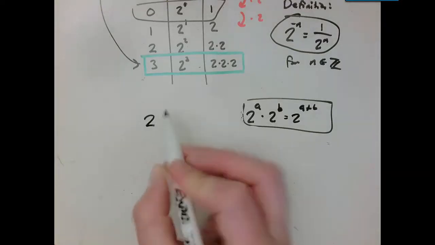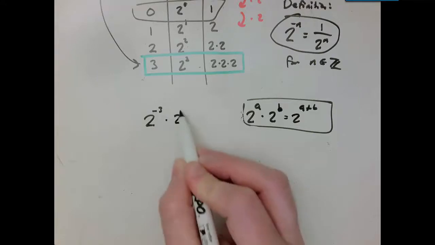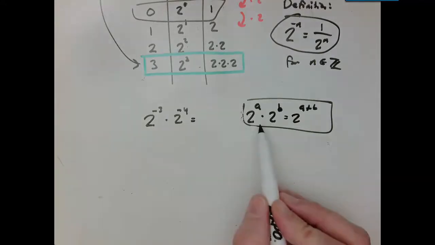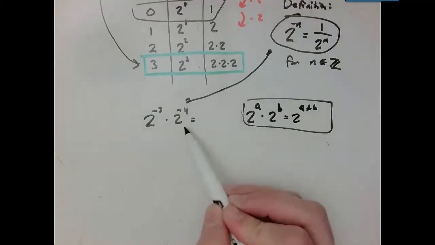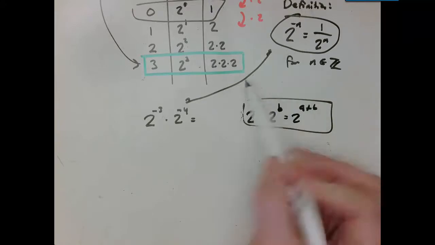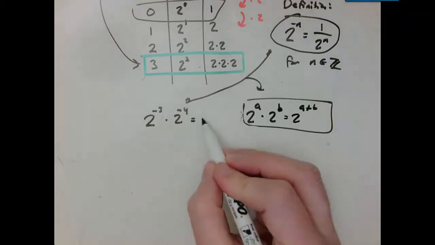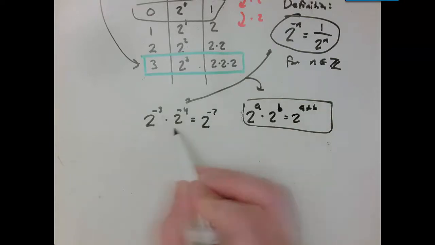So write out 2 to the negative 3 times 2 to the negative 4. According to our definition, you can write out what these should be equal to, and then you can verify whether or not this rule actually still applies. Is it actually still true that this equals 2 to the negative 7?